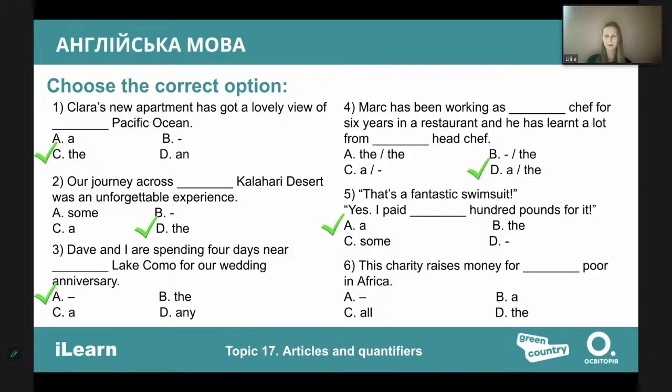Number 6. For the poor in Africa. So poor, бідні. It's an adjective, прикметник. But if we use articles there before an adjective, we mean all people together as a group. So here, the before an adjective marks the whole group of something or someone.